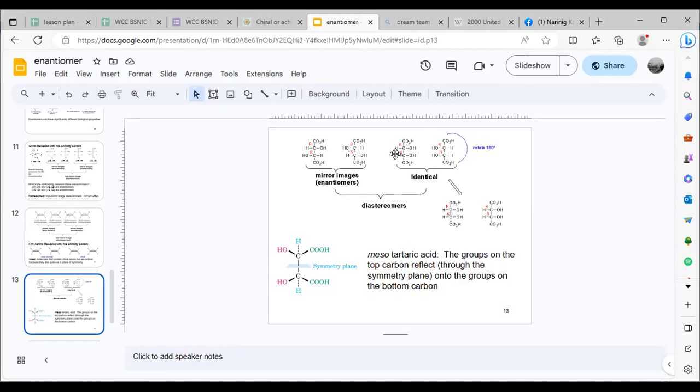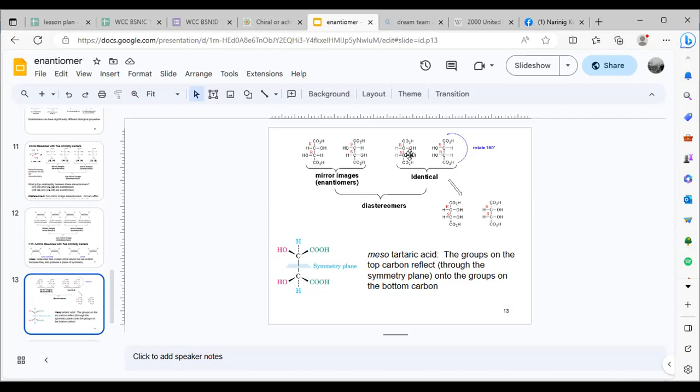However, if you place the OH on the left side of the third carbon, and you draw a mirror there, they will not be superimposable. So these two are enantiomers. These two are identical because they are superimposable. So that's an example of tartaric acid.